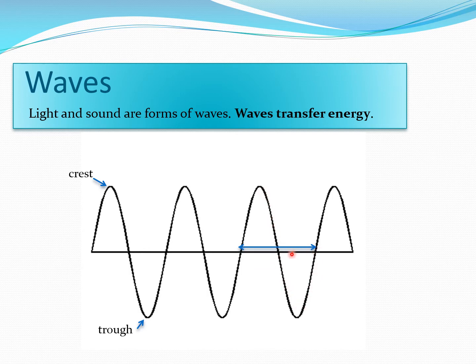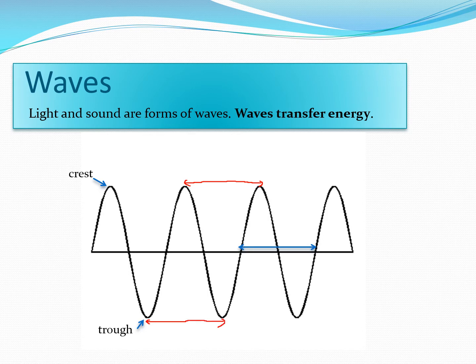Can you see that that distance there, the wavelength, I'll just get the pen tool out, that distance there is the same as this distance here between those two peaks. That's the same as that, and it's also the same as this distance here between those two troughs.